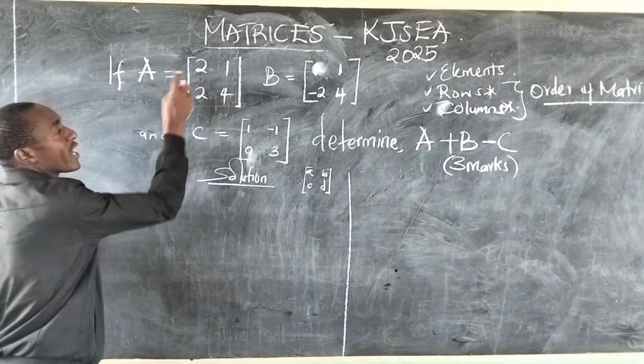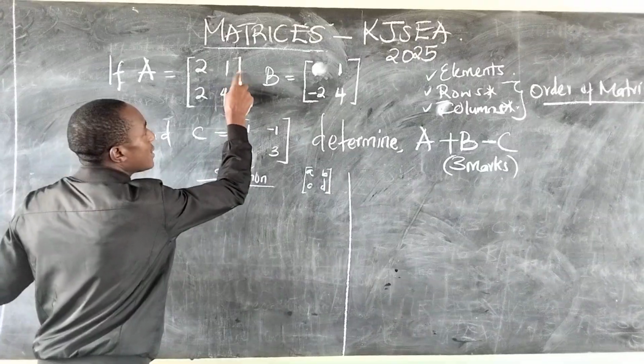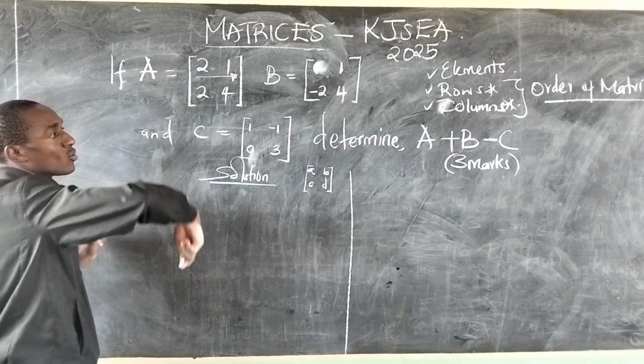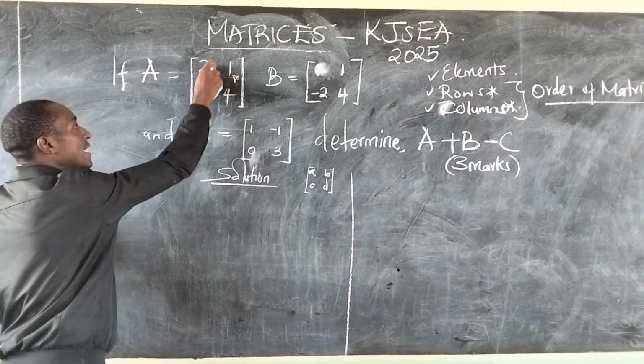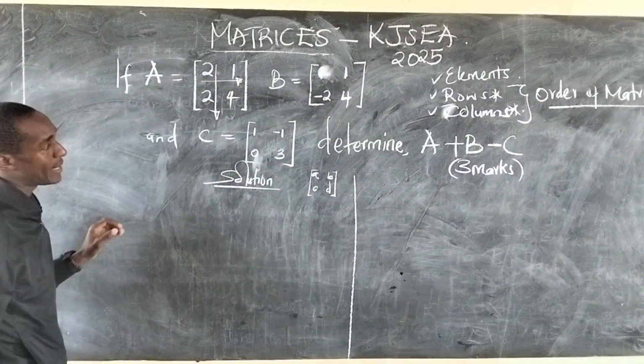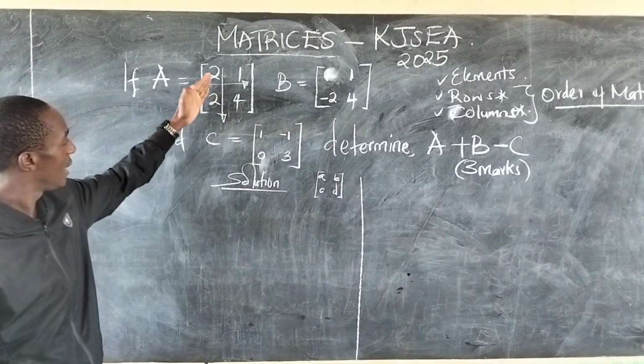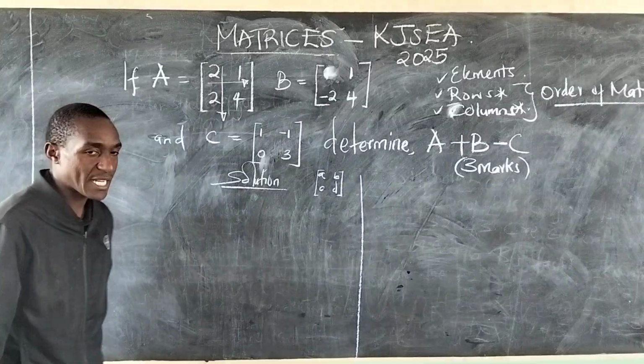So the first row for A, for example, is 2, 1. That is a row like this. Columns will be running vertically, that means from top downwards. So rows will run horizontally, columns will run vertically.